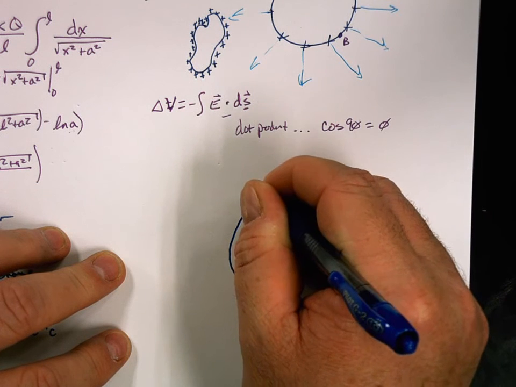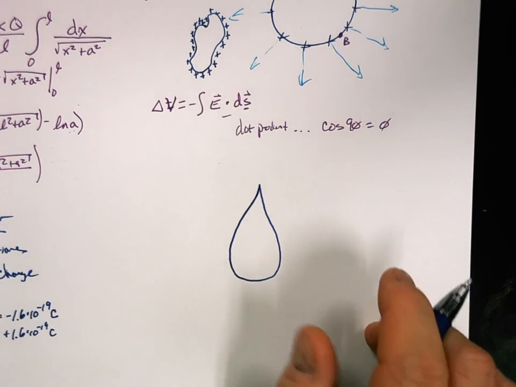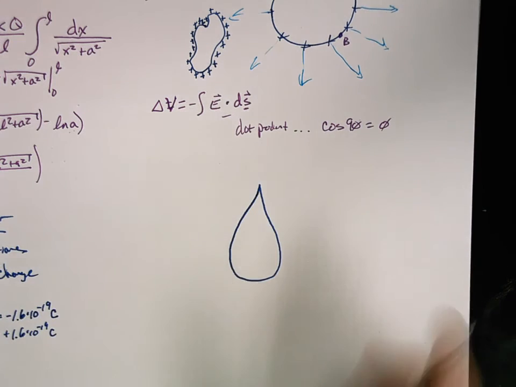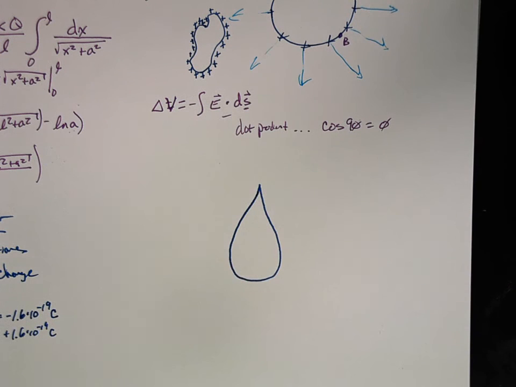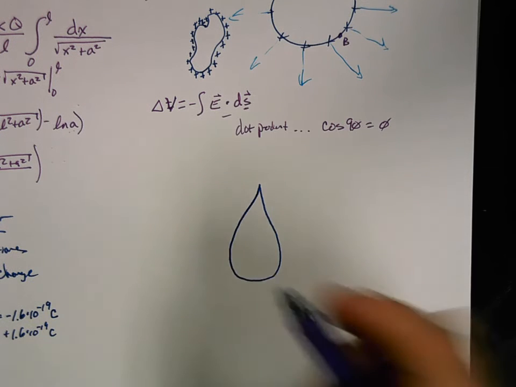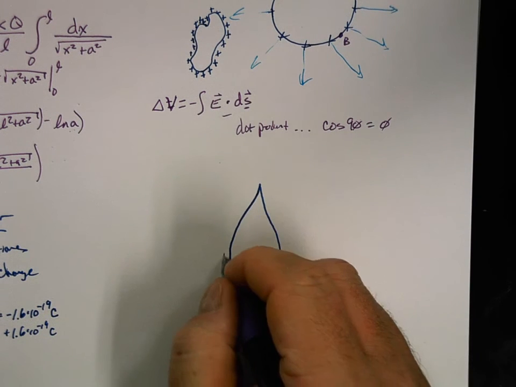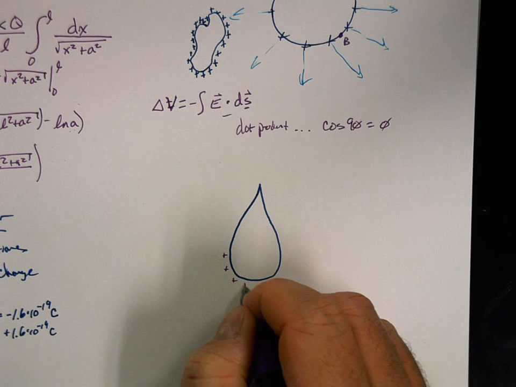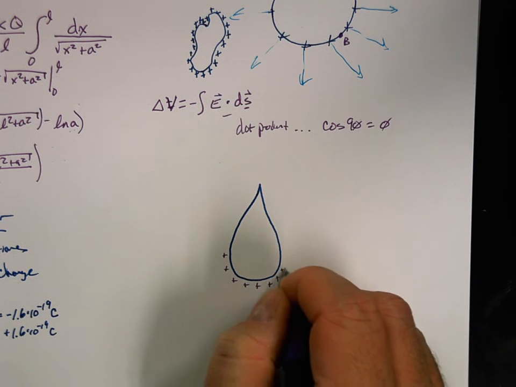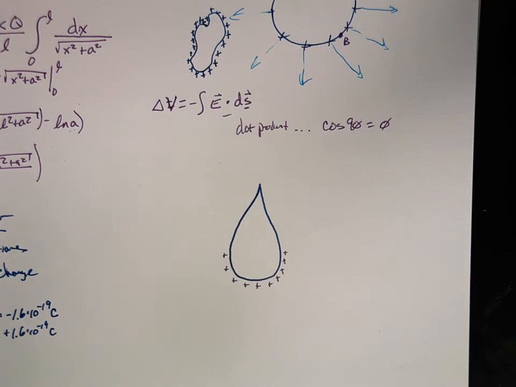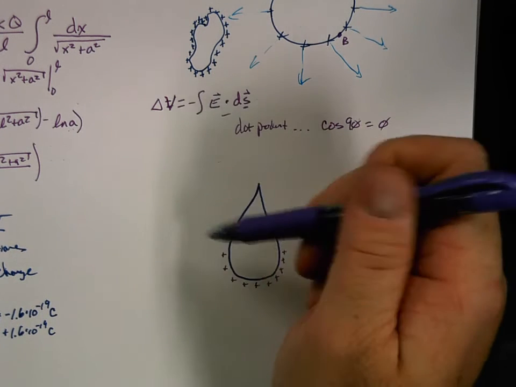Something with a teardrop shape. Okay, so we can pretty easily distribute charge, this makes sense down here, right? But the reason charge gets distributed is because there are other charges pushing it away.